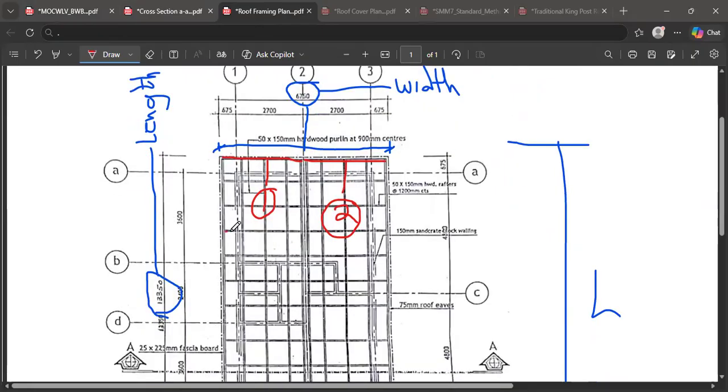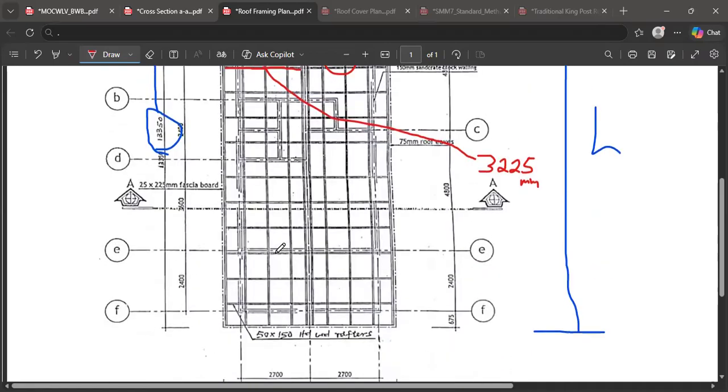From here up to this wood, to this wall, is how much? It's 3,225. So let me map it and write it over here. 3,225 millimeters. So that is one of that.